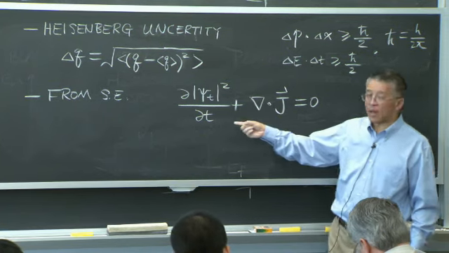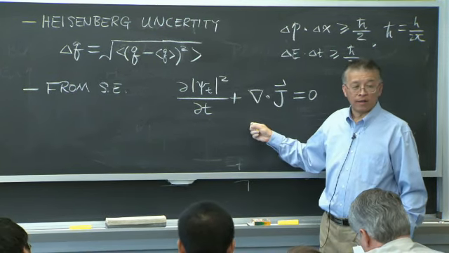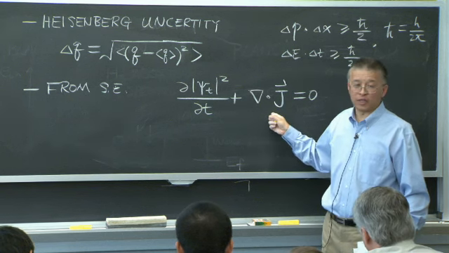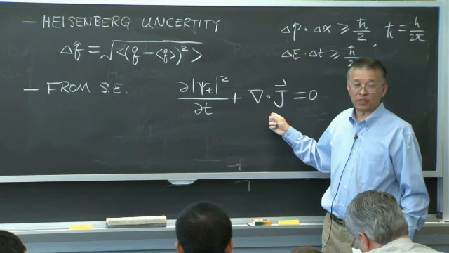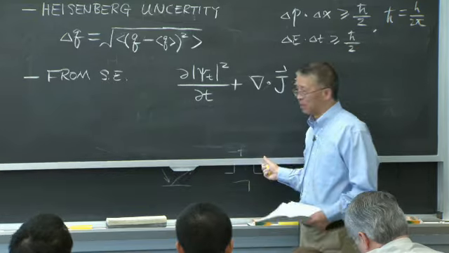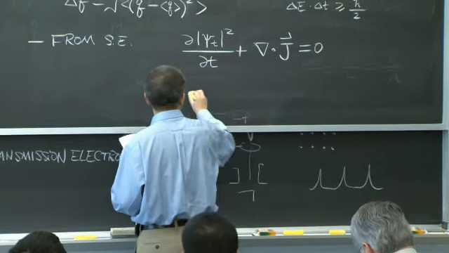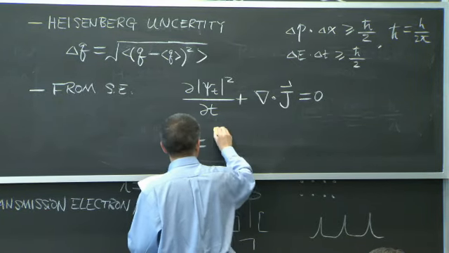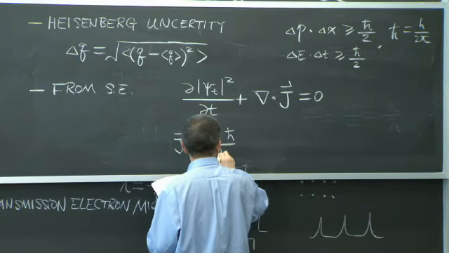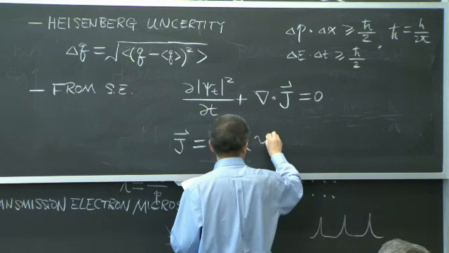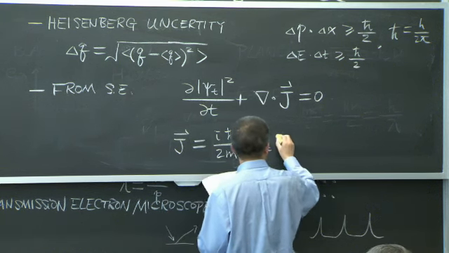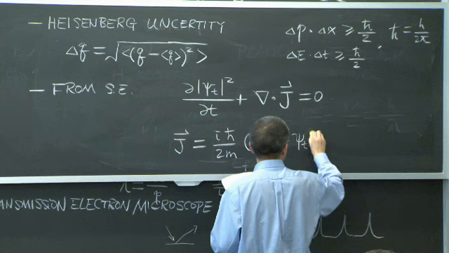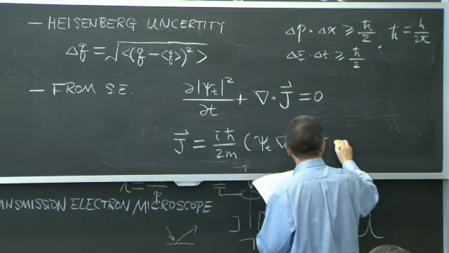So this is like a mass continuity, and this J is your mass flux. So the particle flux in the quantum term. So this flux is i h bar over 2m, times the complex conjugate of the wave function, and so on.